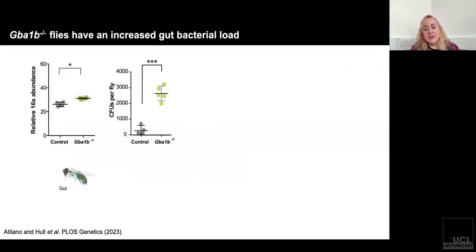We also looked at the gut microbiome, and we used two methods to look at overall gut bacterial load. One was essentially quantifying bacterial DNA, and the other was counting colony-forming units of bacteria. And both of these methods showed that there was increased gut bacterial load in GBA knockout flies compared to controls.